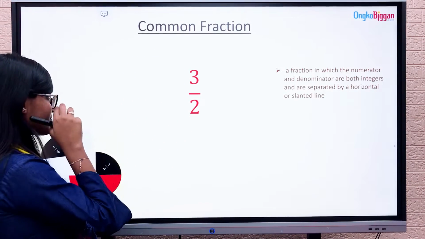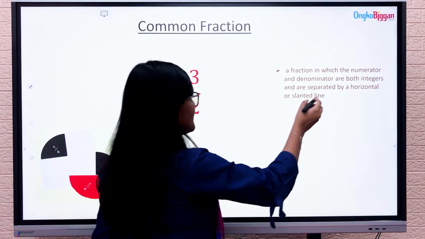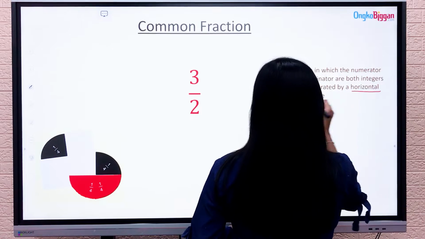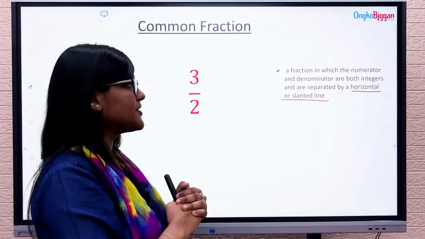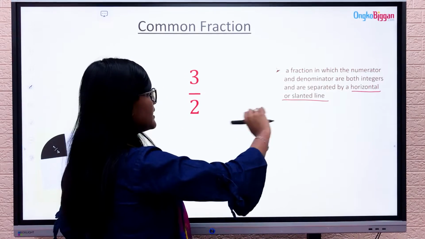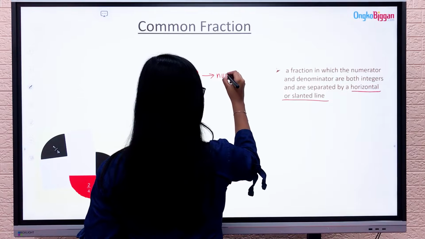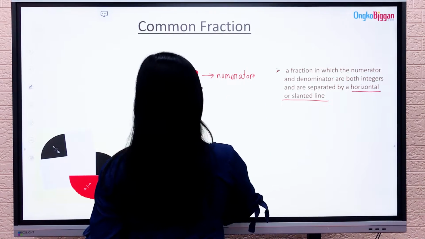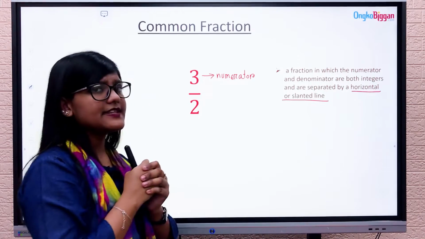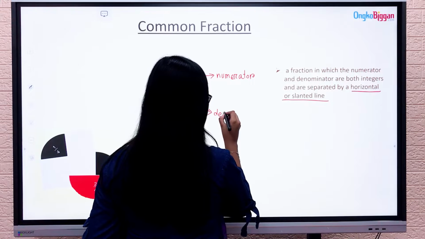Here this line is our horizontal or slanted line, and the digit above the line is termed as numerator, and the number below the line is termed as denominator.